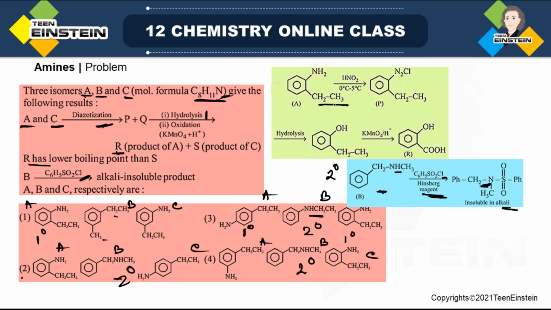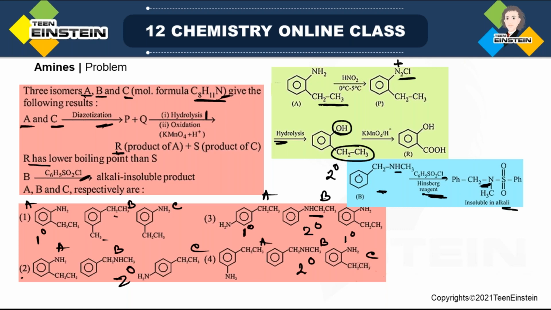So here if you simply consider this ortho alkyl substituted aniline, now there will be N2+Cl-. Now hydrolysis means you are treating it with water, you are simply heating the diazonium salt with water. So N2+Cl- will be converted to OH. And KMnO4 in acidic condition is used for the oxidation of the alkyl group.